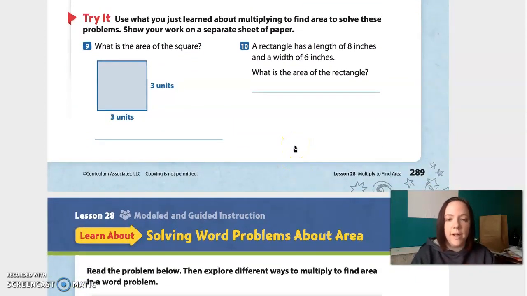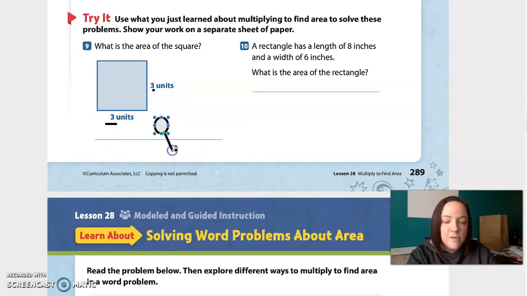So let's look at this real quick. What is the area of this square? I'll give you a moment to try it. Okay, if you said 3 times 3 equals 9 square units, you are correct.